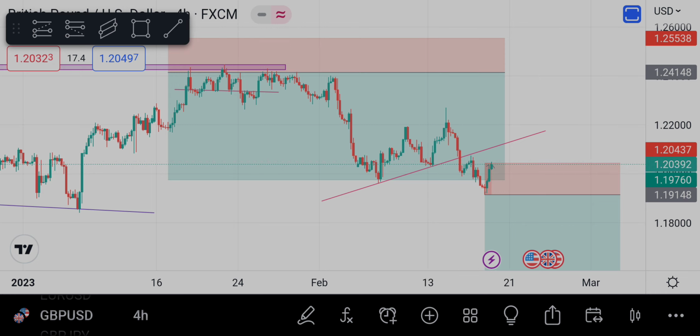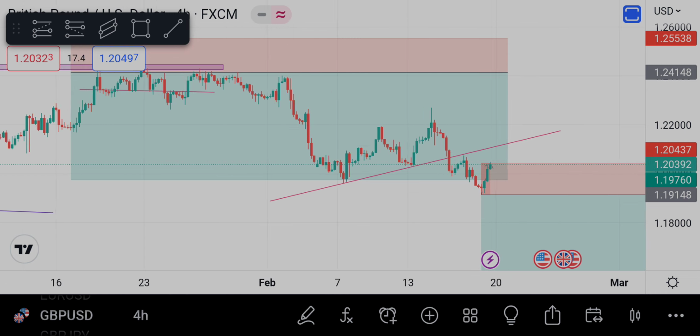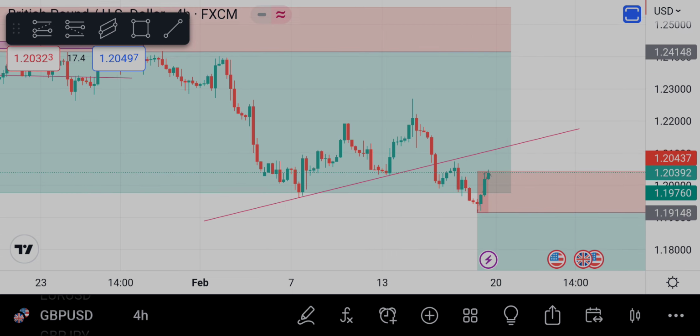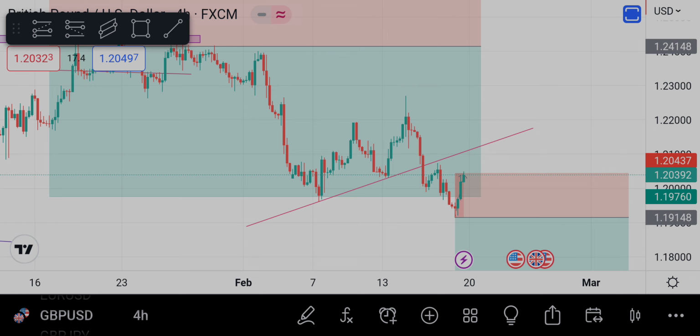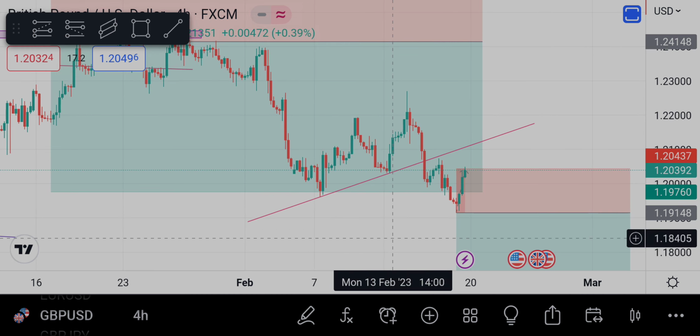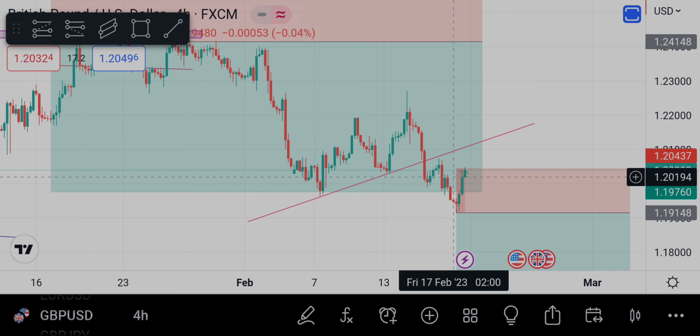So whenever I told you 3 things, when there's a breakout, you wait for a retest and a reversal pattern, or a continuation pattern. So since this is a downtrend and it broke out to the downside, you are looking at a continuation pattern. So once it retested that zone, I saw this bearish candle, very big.